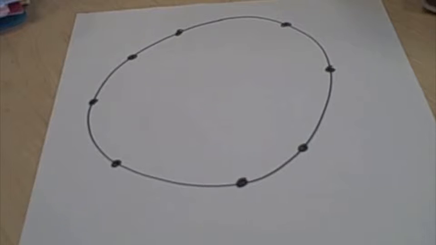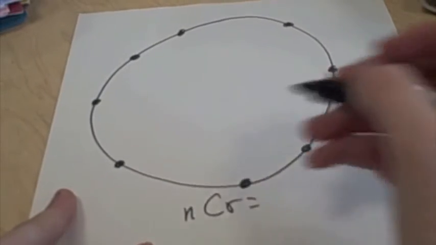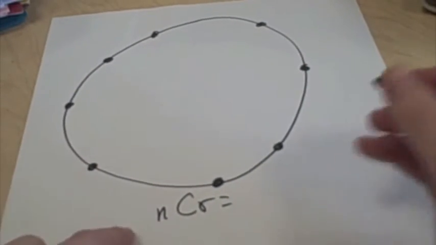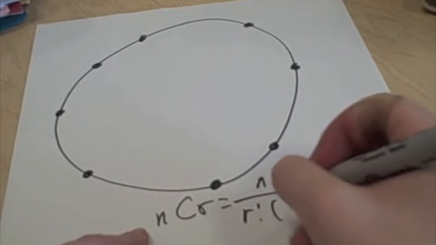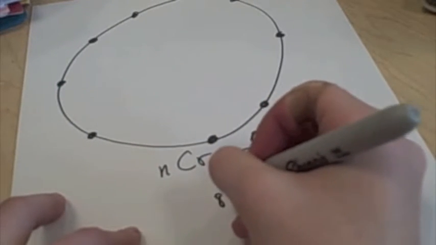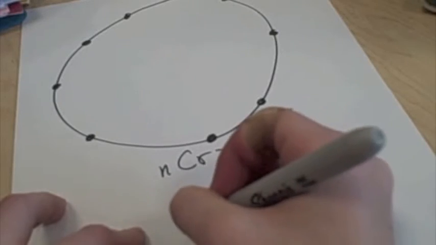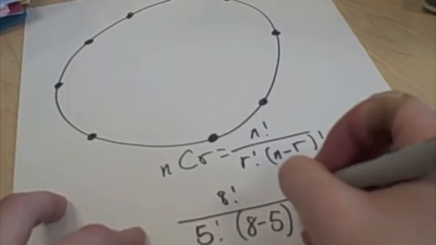For the next question, I have to find how many pentagons I can put into the circle. A pentagon is a shape with 5 sides and 5 points. So, again, I'm going to choose nCr because this is a combination to see how many shapes I can fit into it. Again, the equation is n factorial over r factorial times (n minus r) factorial. Fill it up with 8 because there are 8 points, over 5 because there are going to be 5 points I have to use, and then 8 minus 5.